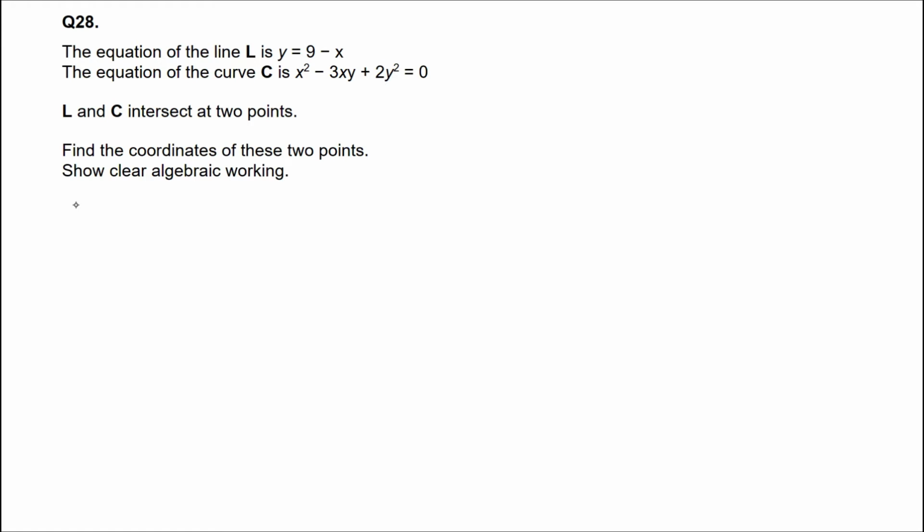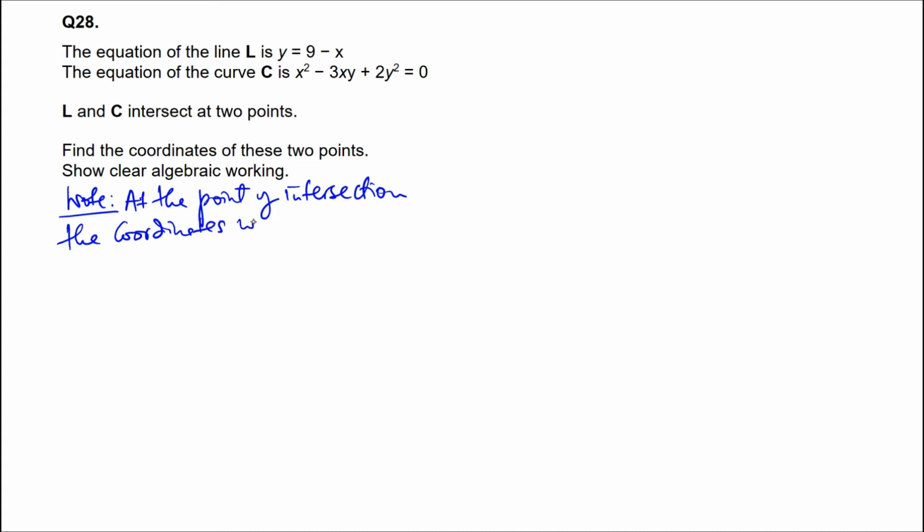So note that at the point of intersection, the coordinates will be the same.